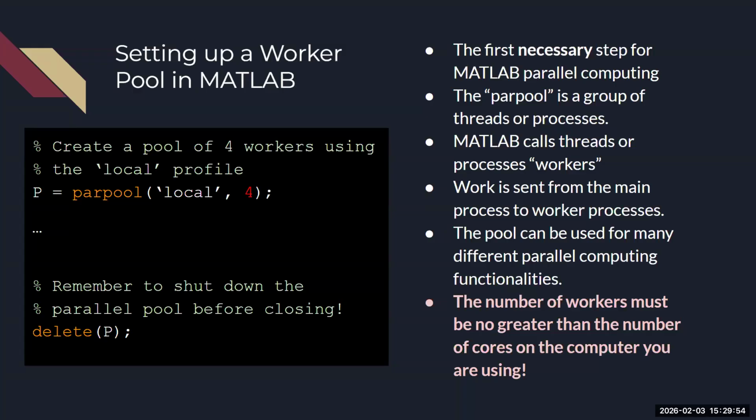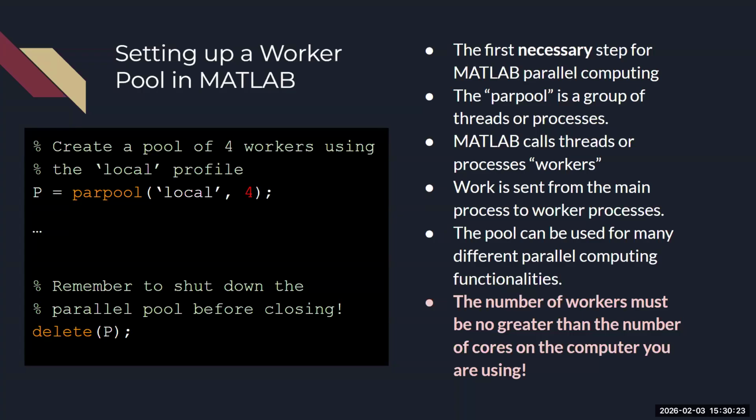So you'll basically create a pool of parallel threads or processes using that parpool function and assign it to a variable. The parpool function takes two different parameters. The first one is a profile, and the second one is a number of workers. In general, you will always use the local profile, which means the current machine you're on.